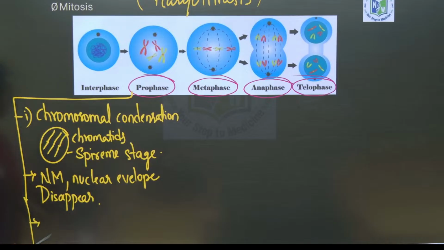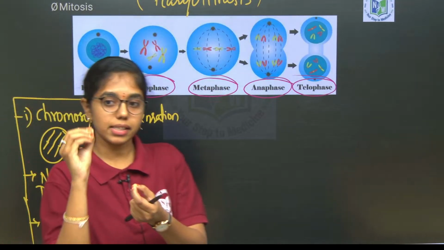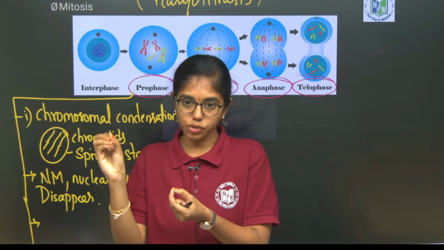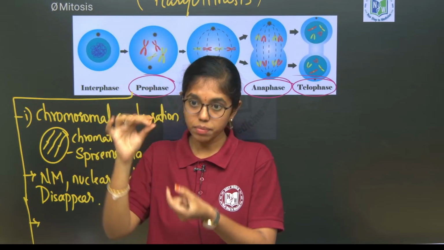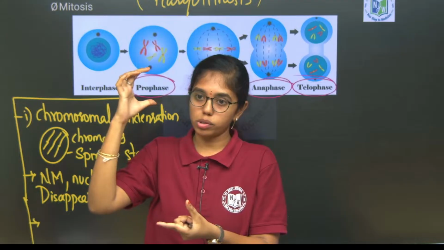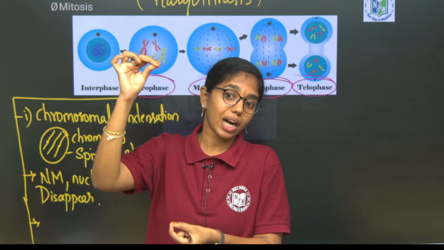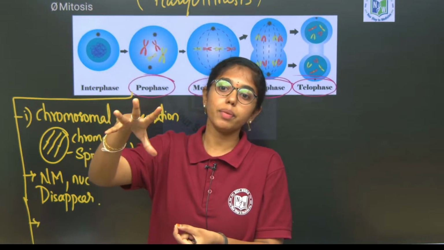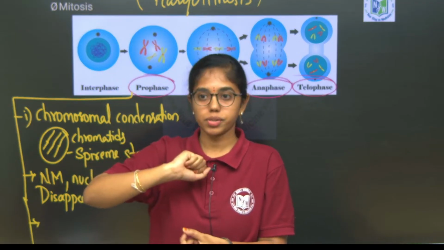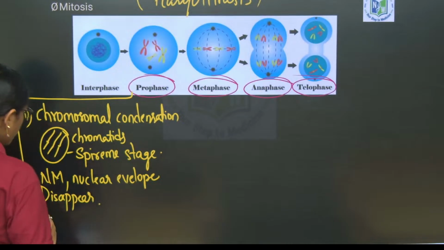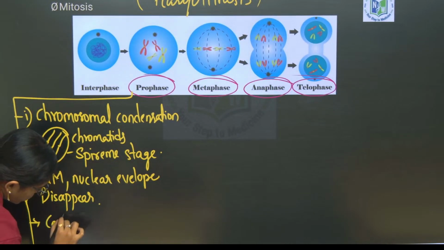Most importantly, the centrosomes which got duplicated in the S phase, which are present in the cell's cytoplasm, will move to the opposite poles. Now they are called as asters. Asters will be radiating out the spindle fibers.